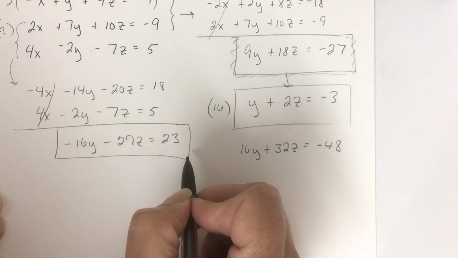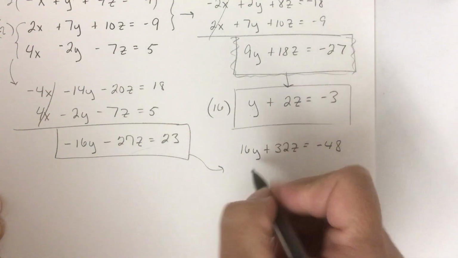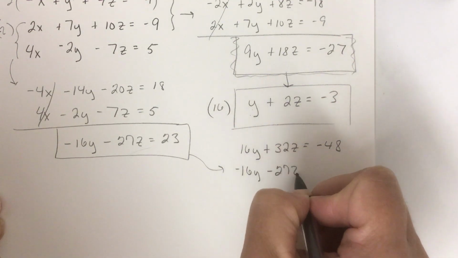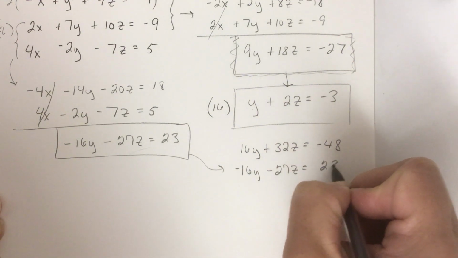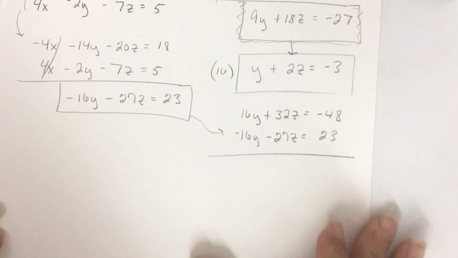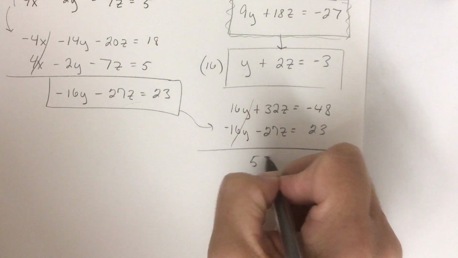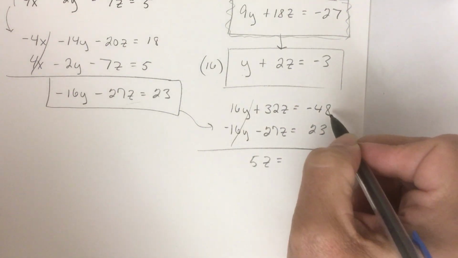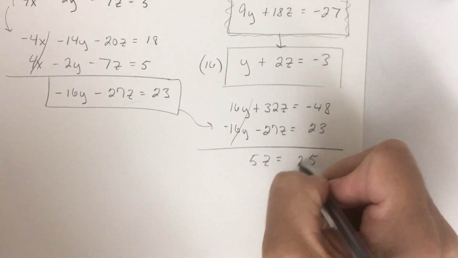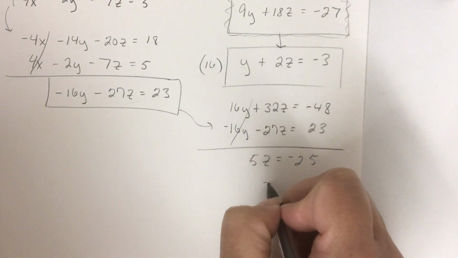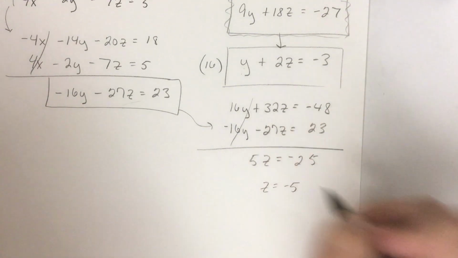This equation is going to stay the same: -16y minus 27z equals 23. Now when I add them together, the y's cancel. So I have a 5z, because 32 minus 27 is 5, and 2 and a negative. So I'm going to divide both sides by 5, and I'm going to get z equals -5.